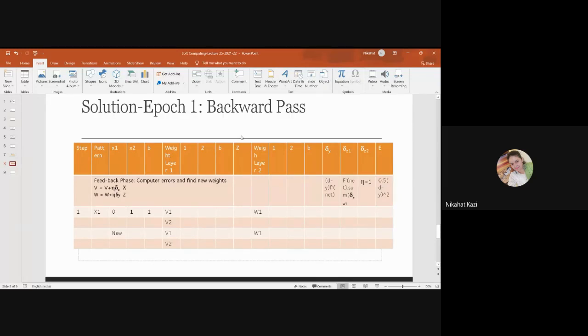You are going to propagate the errors back, right? So first of all, you need to compute the errors. As we saw in the algorithm, the error formula for the output layer is different from the hidden layer. So first you need to compute which errors, output or hidden? Output, because the hidden layer errors are going to depend on the output layer errors, right?